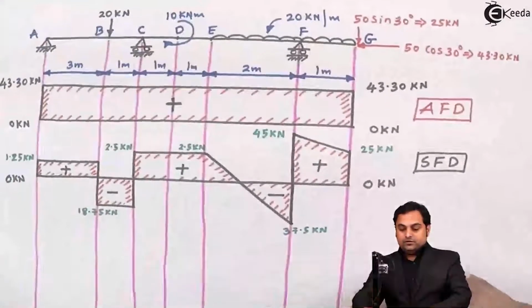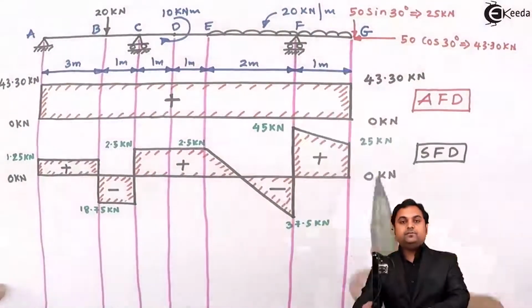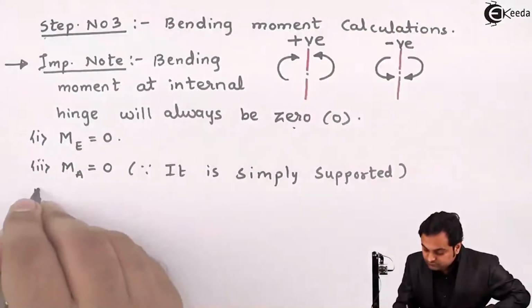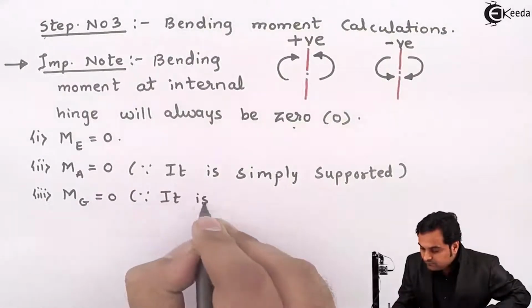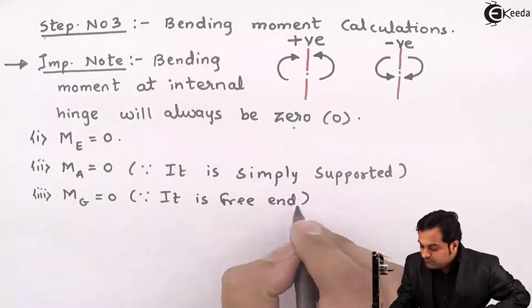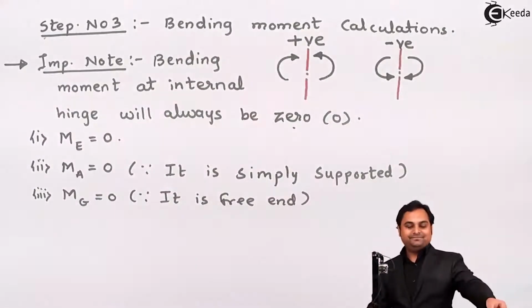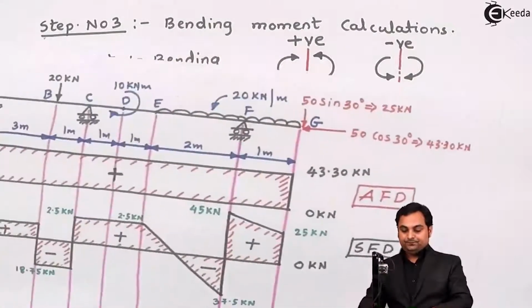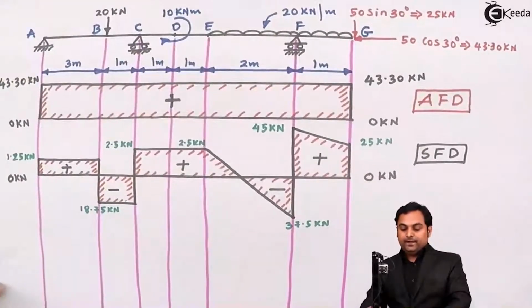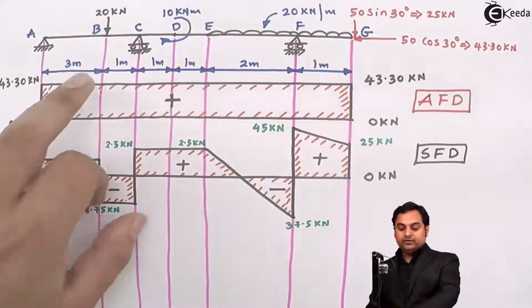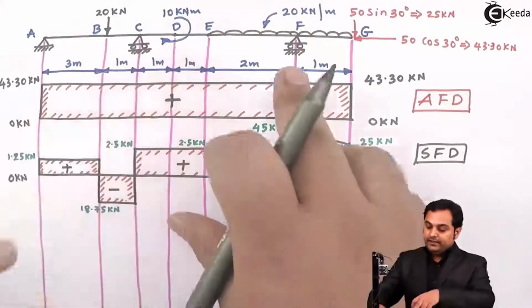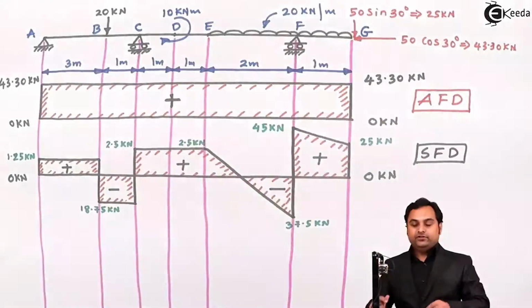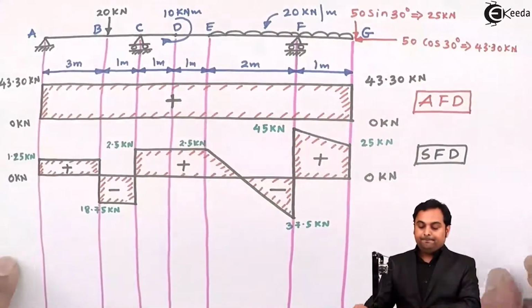Next, moment at point G will be 0, since it is a free end. Then after that, we need to calculate the moment values at point B, at C, at D, and at point F. So first, starting with B.